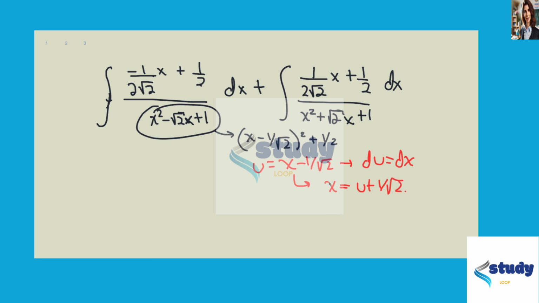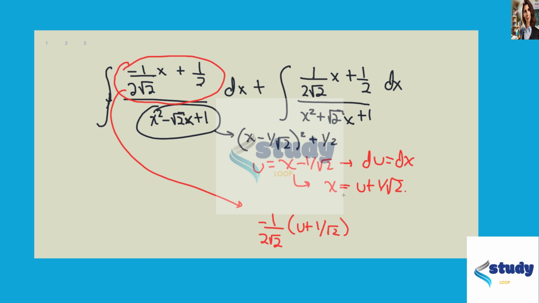So let's rewrite the numerator term here, working on this integral first. Negative 1 over 2 root 2, times u plus 1 over root 2, using this equation here for x, plus 1/2. So this is negative 1 over 2 root 2 u plus 1/4.